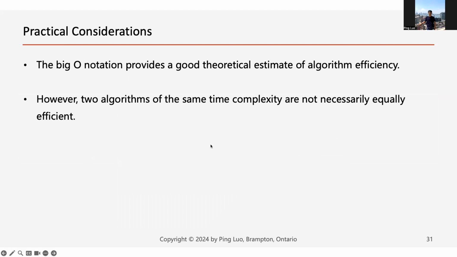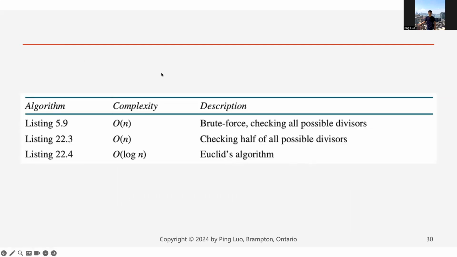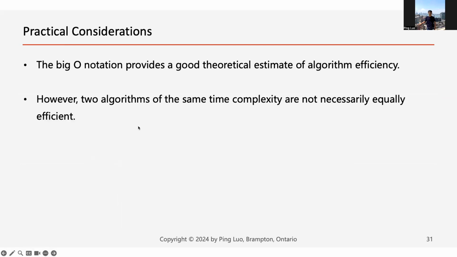Even though the previous two are both O(n), we know the one that only checks half of the numbers is better. So O(n) is good for comparing different algorithms, but if they are the same, it is still possible that one algorithm is better than the other. This is one thing to remember.